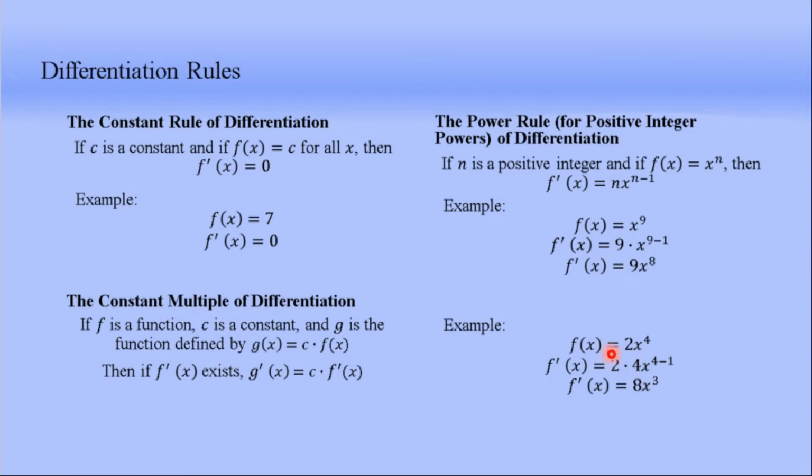Again, we are going to separate 2 from the x raised to the 4th power, and then utilize the power rule, and then multiply 2 by 4, and minus 1 from 4, that is going to be 8x cubed.